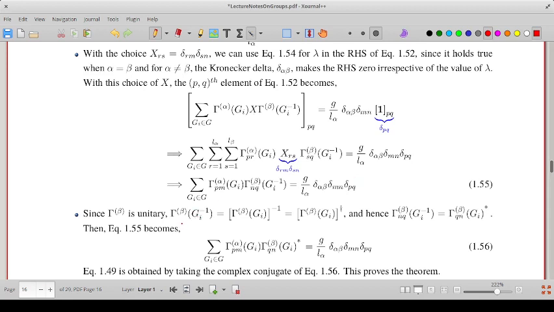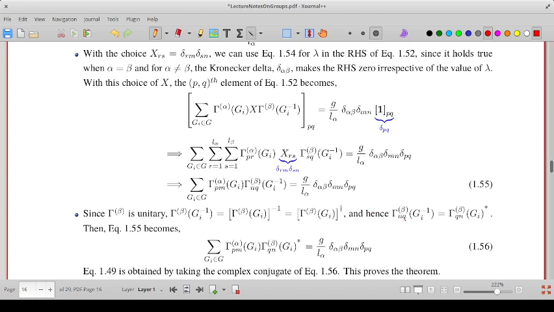Now from the property of the representation matrices, we know that gamma beta of Gi inverse is simply the inverse of gamma beta Gi. Now we have also said that these representations are unitary. So the inverse of a representation matrix is simply the adjoint of the representation matrix. So gamma beta Gi inverse is simply gamma beta Gi dagger.